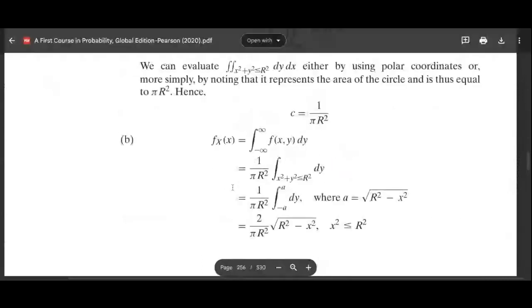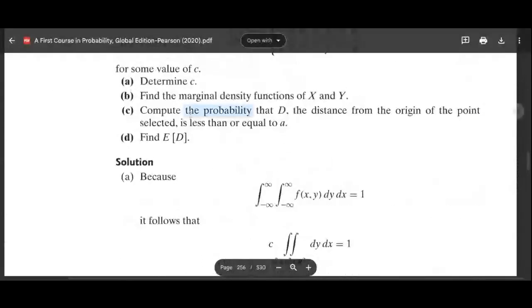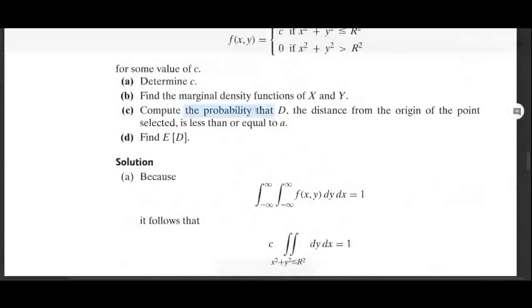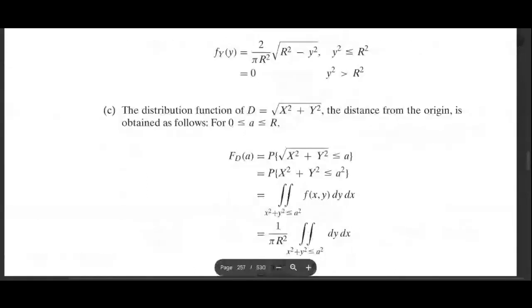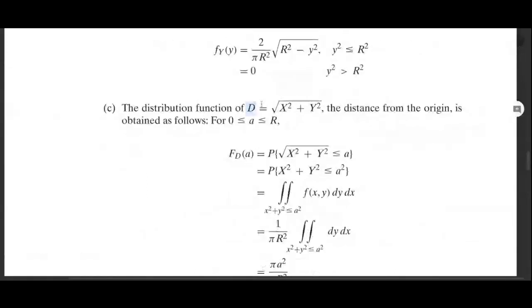C, we want to compute the probability that D, the distance from the origin of the point selected, is less than or equal to a. The distance D equals the square root of x squared plus y squared, the distance from the origin.